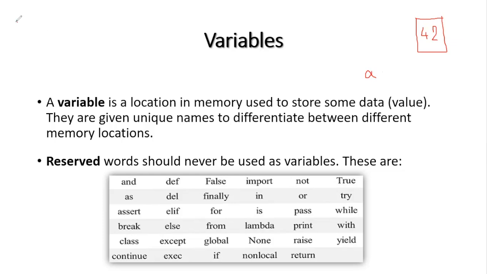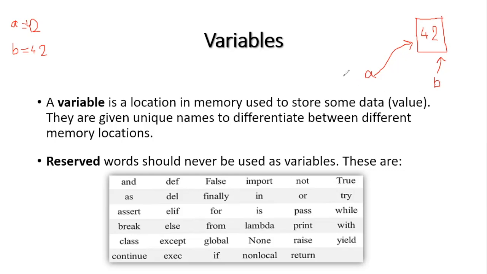When we assign A equals to 42, we'll also learn how to assign values, a pointer A is created and it points to this particular memory place. Let us assume that we again create another variable called B, having the same value 42. Then another pointer B is created, which points to the same memory place, that is 42.